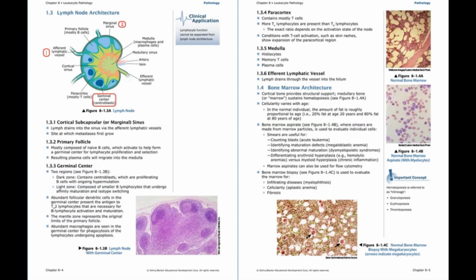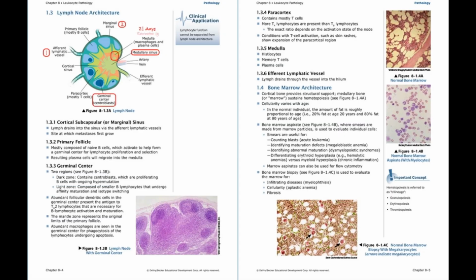That's all happening in our germinal center. That is creating B cells that mature into plasma cells. And these plasma cells end up in the medullary sinus. And here in the medulla, they sit for their lifespan of about 21 days and secrete immunoglobulins.